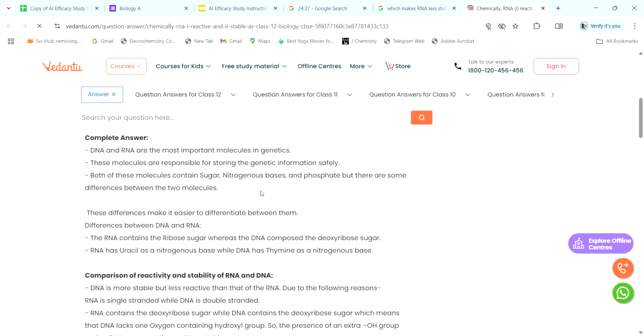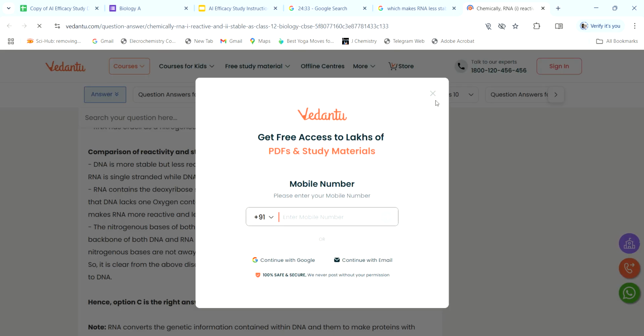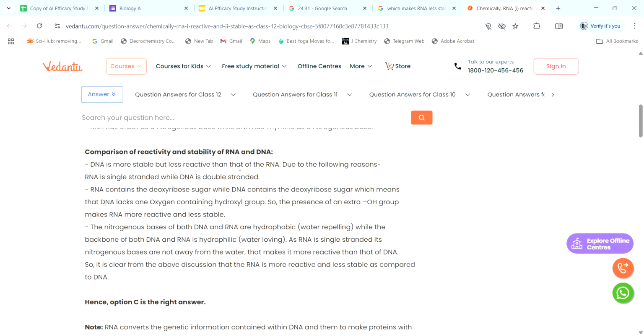Comparison of reactivity and stability of RNA and DNA. So DNA is more stable but less reactive than RNA due to the following reasons. RNA is single-stranded while DNA is double-stranded.